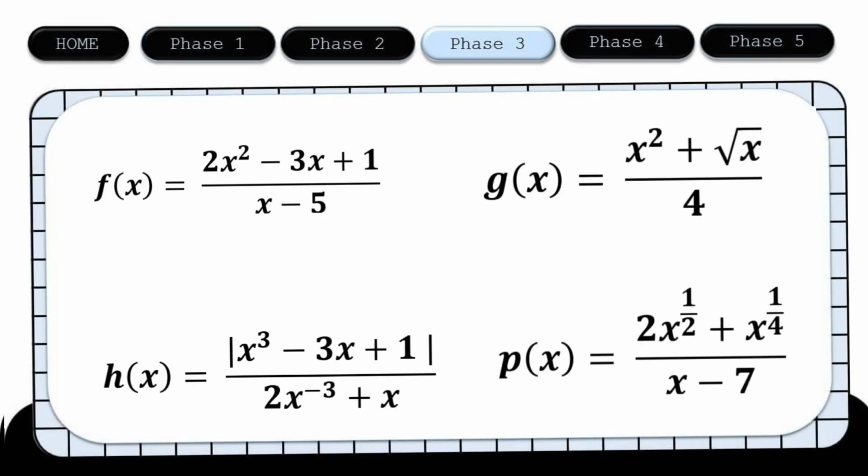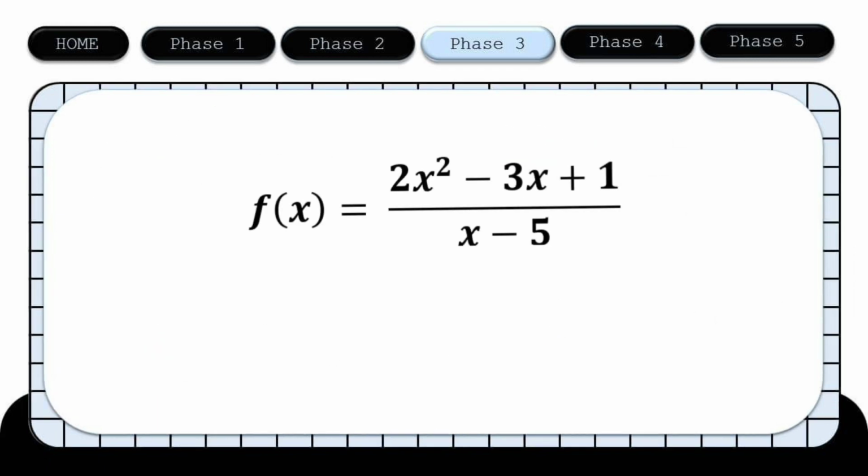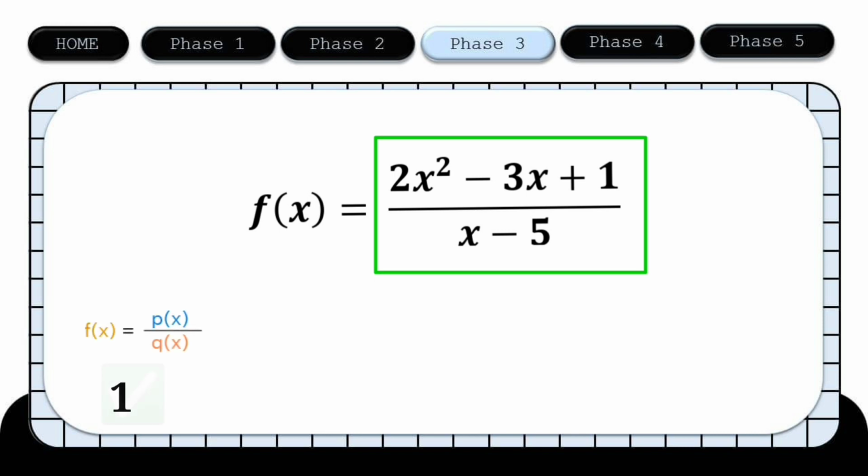Balikan po natin yung kanina nating sinagutan. Isa-isahin nating tukuyin at unawain kung bakit nasabi nating rational function yung isa and the rest of them ay hindi na. Number 1. f of x is equal to 2x squared minus 3x plus 1 all over x minus 5. It's in the form of ratio. So check.